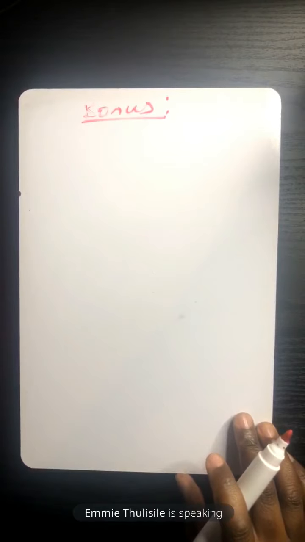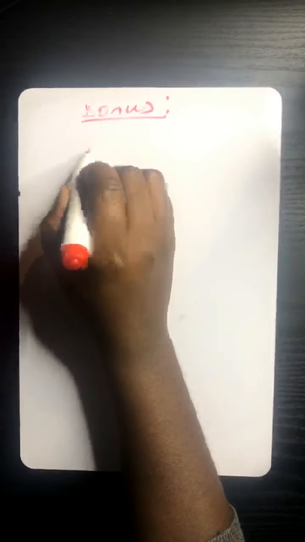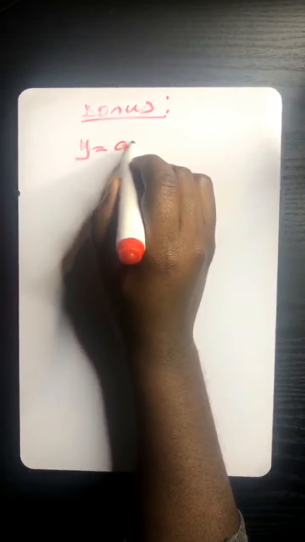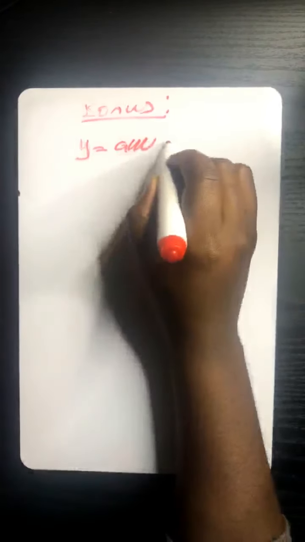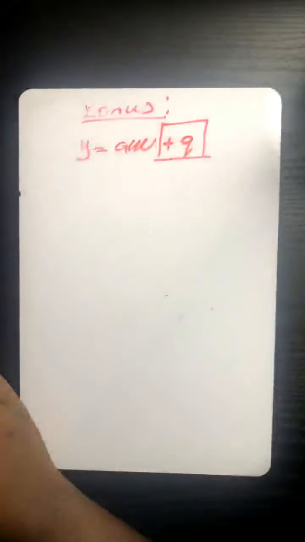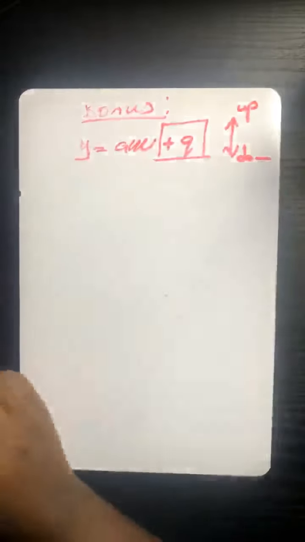Okay, so since I've explained to you that when you have y equals to, it could be a sine, cos, or tan, the moment you have plus q, this q value tells you more about the vertical shift. The vertical shift means the upwards or the downwards shift.